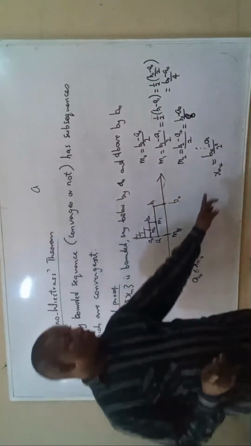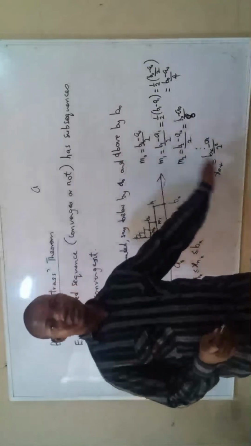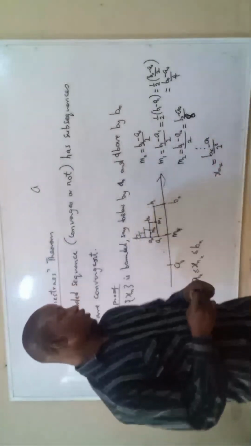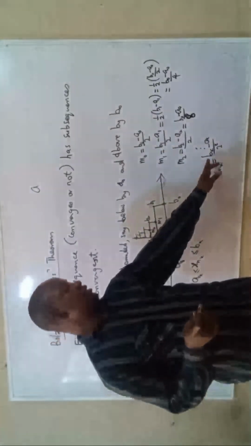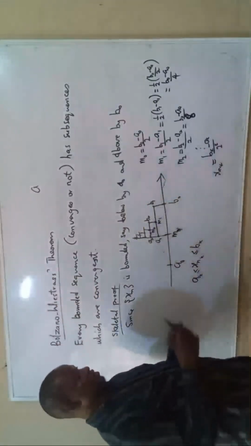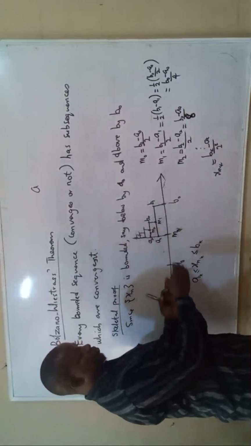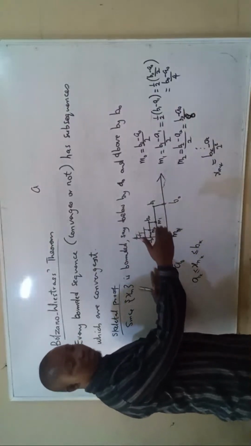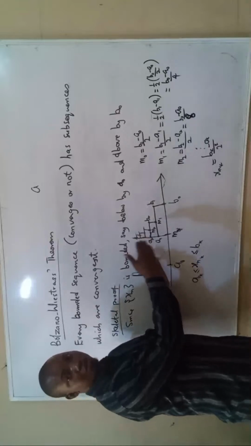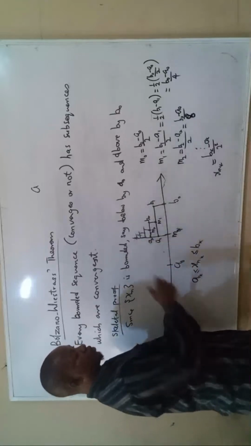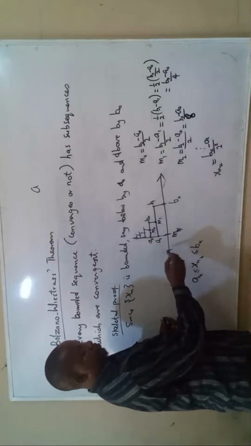So as k goes to infinity, as we continue with the partitioning, both a naught and b naught, becoming A1, B1, A2, B2, we meet at one point. Similarly, we meet from here.